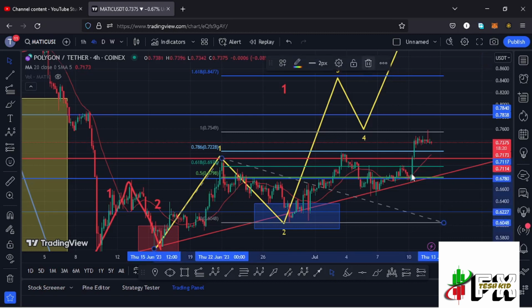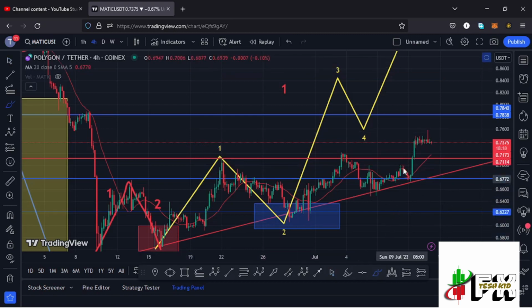And you can see that since we have managed to break above resistance and we are holding above that key area of resistance, which is now acting as support, there are high chances that we are going to continue gearing up to the next key area of resistance at around the $0.784 mark.